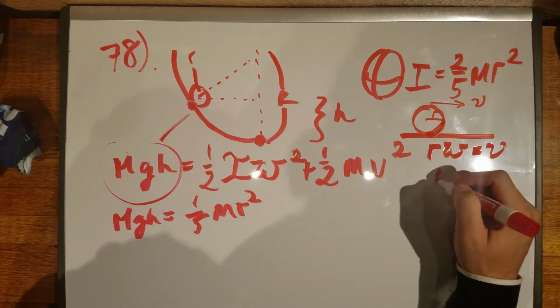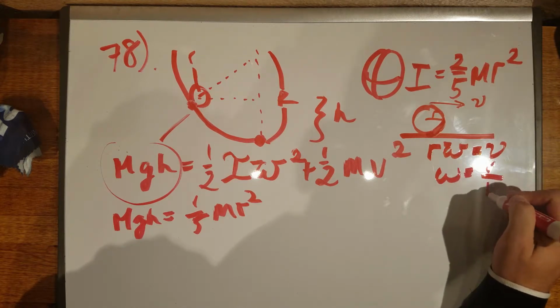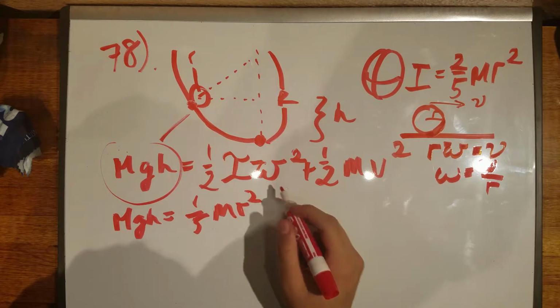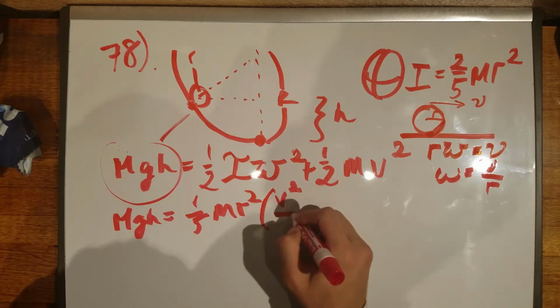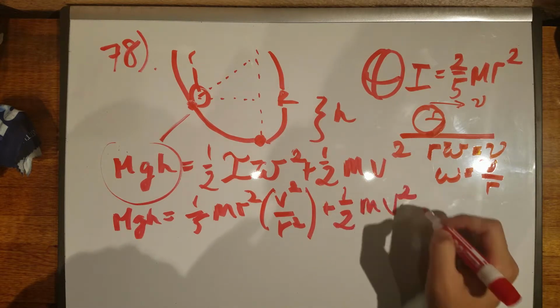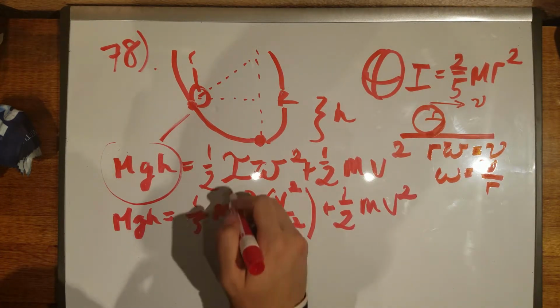It's pretty easy to derive why it happens, but we basically get omega equal to v over r, and then we plug that in for omega, so omega squared becomes v squared over r squared, plus 1/2 mv squared.